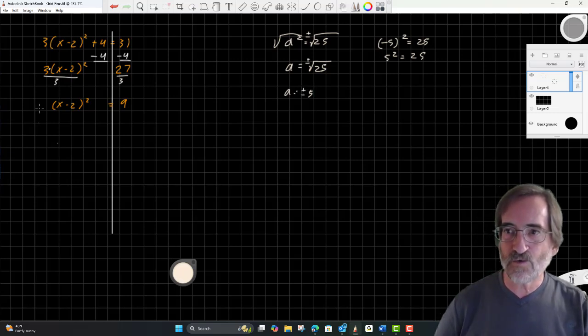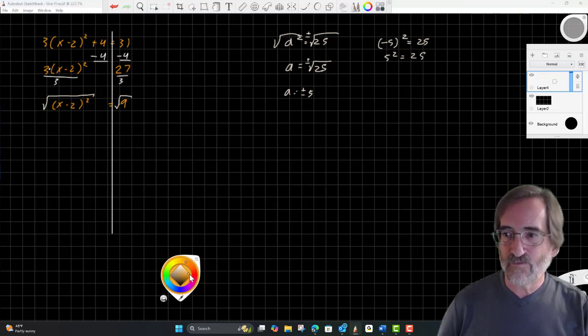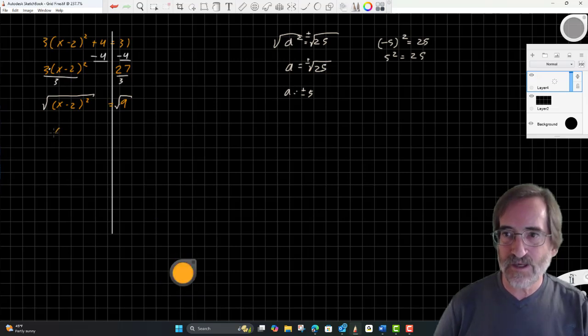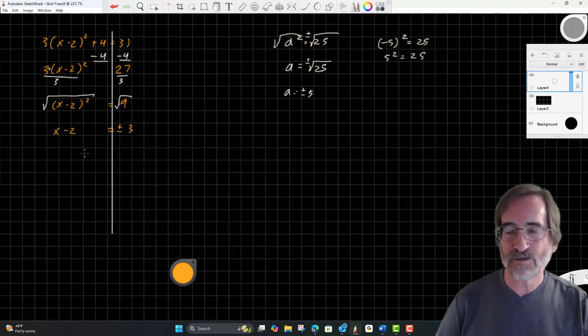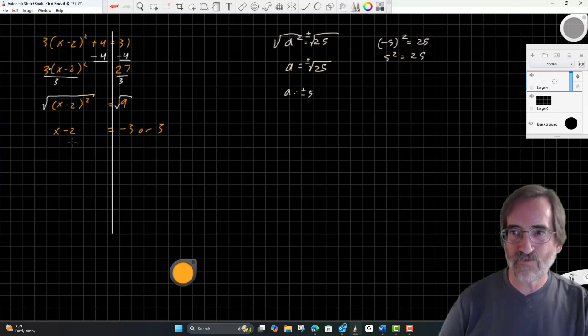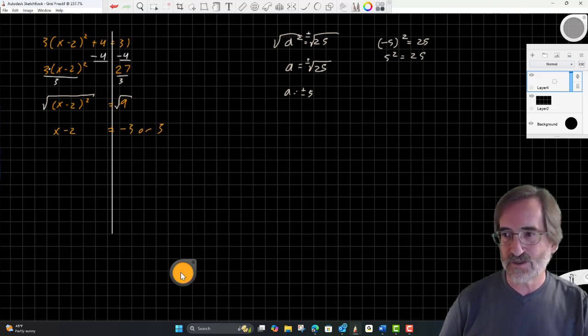So here we're going to square root both sides. And we get a positive or negative solution. X minus 2 equals plus or minus 3. 2 answers. We can write it plus or minus like that, or we can write it negative 3 or positive 3 like this. And I'm going to write it like this for now because it's going to make more sense in the next step.